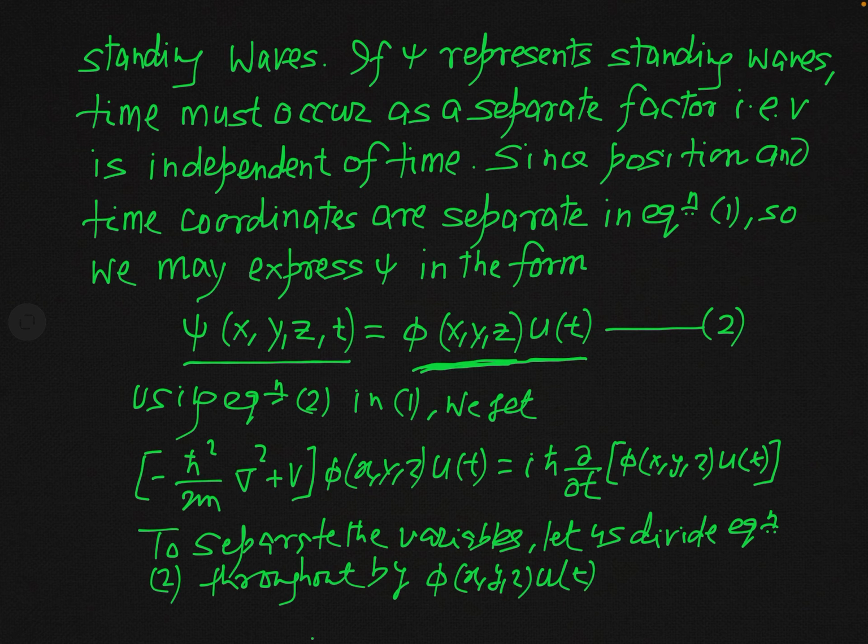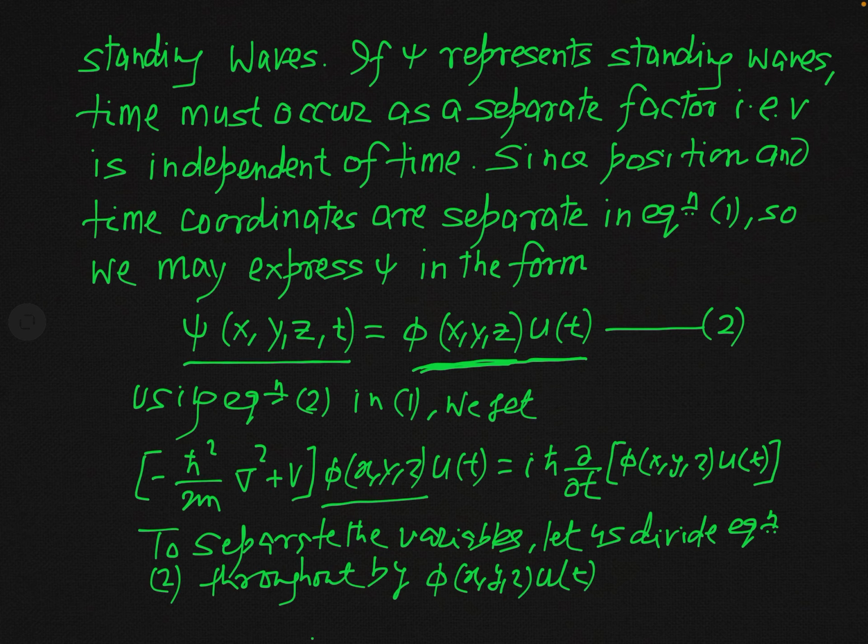So you can see that here this operator minus h bar square over 2m del square plus V operates on phi of x, y, z, because this operator is independent of t.